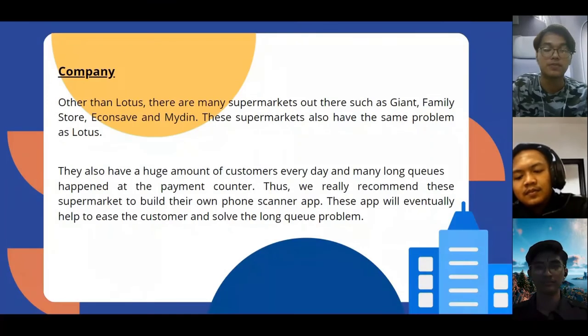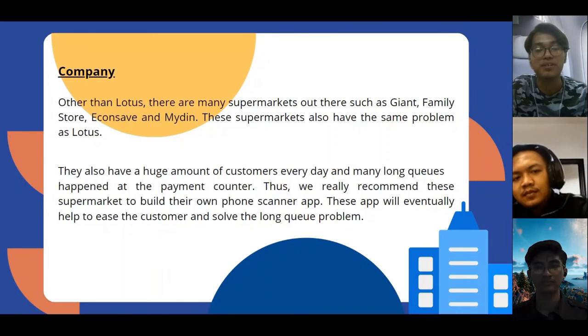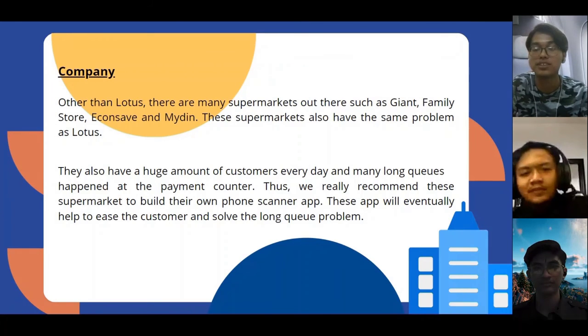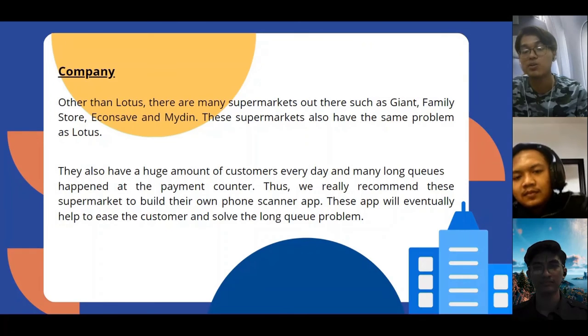Next. As for the company, other than Lotus, there are many supermarkets out there such as Giant, Family Store, EcoSave, and Mydin. These supermarkets also face the same problem as Lotus: long queues and crowded places at the cashier area. We believe that if these companies also adopt this kind of application, they can overcome the problem that they share.